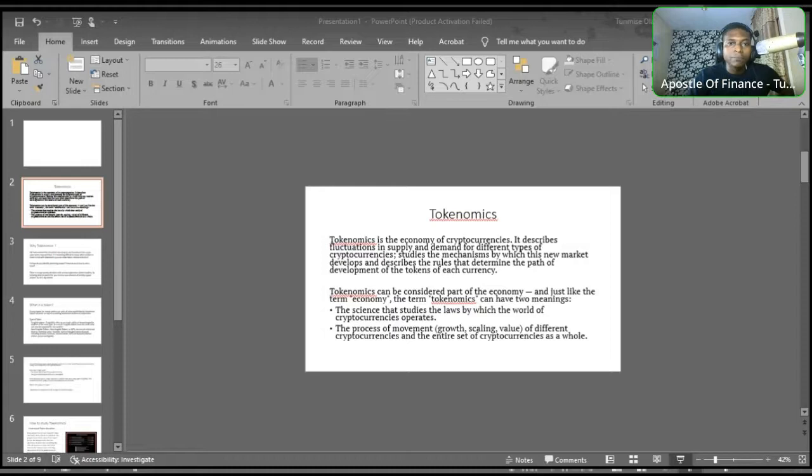A token is a small fraction of something. Crypto tokens are units of value established by a blockchain-based initiative on top of an existing blockchain platform, in tokenomics.